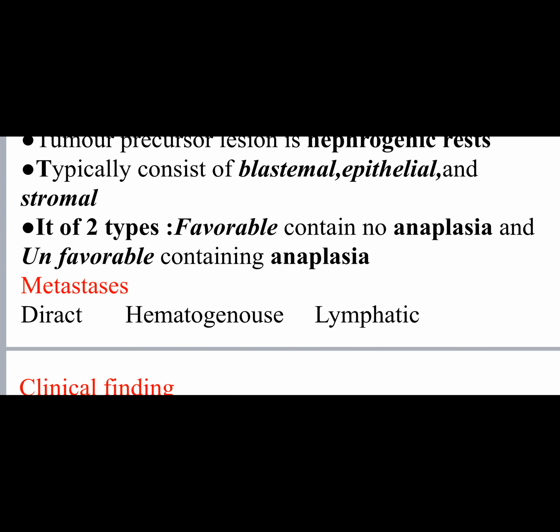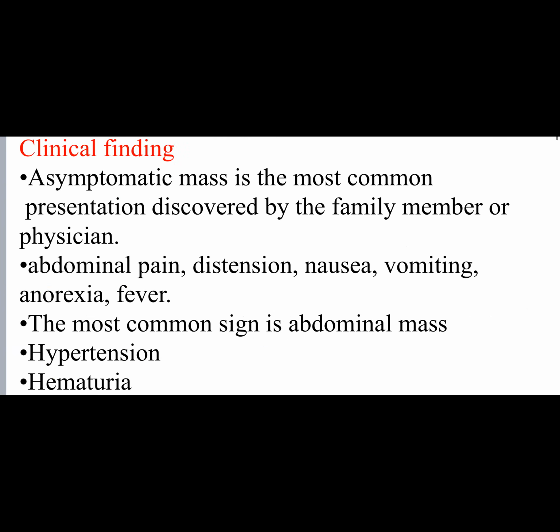Clinical finding: an asymptomatic mass is the most common, discovered by a family member or physician. The baby is brought by the family, or the mother says she was bathing the child or noticed something, and felt an abdominal mass. This is the most common presentation. Other symptoms: abdominal pain, distension, nausea, vomiting, anorexia, and fever.